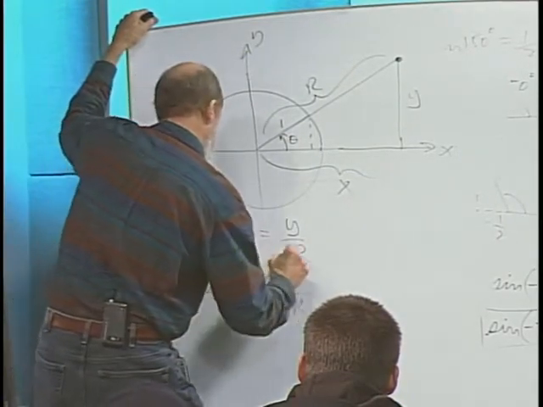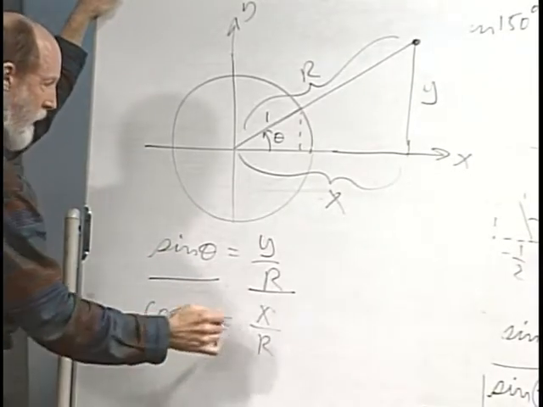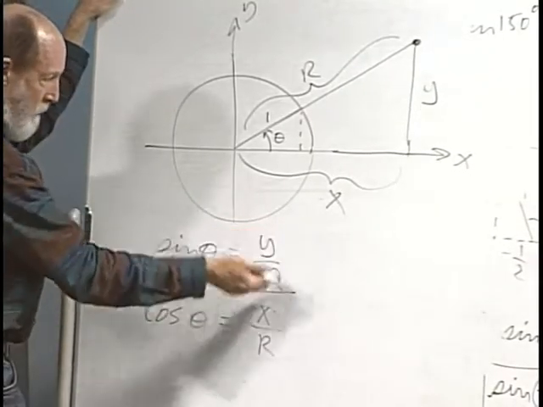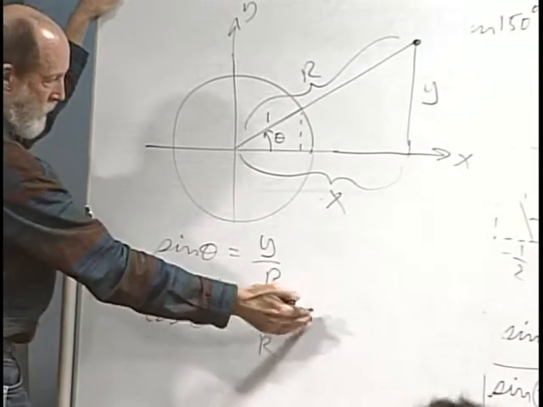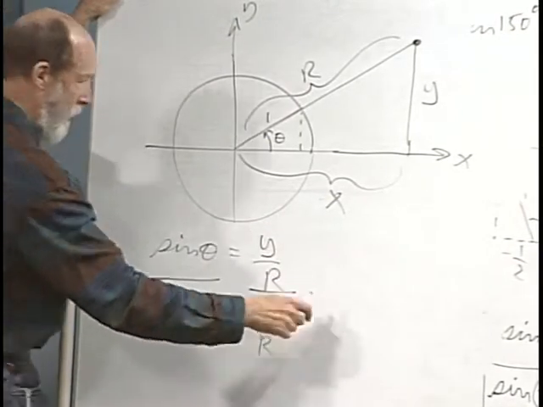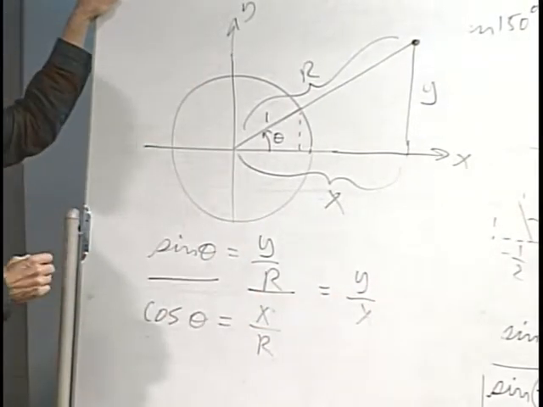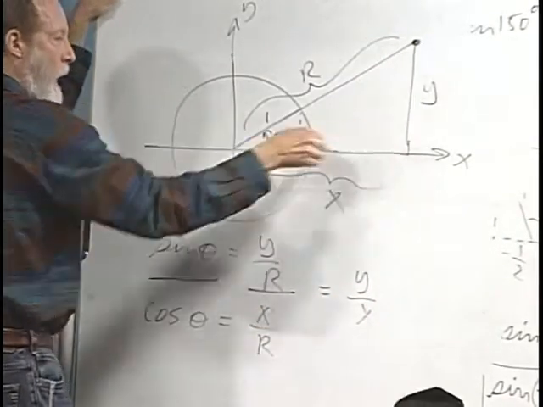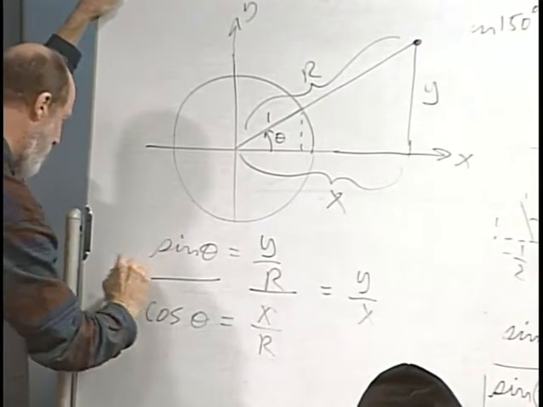The ratio of the sine of the angle divided by the cosine of the angle is then this complex fraction you see here, and you multiply numerator and denominator by r, and you lose the r, and you get y over x. Y over x on the picture is the tangent of the angle.